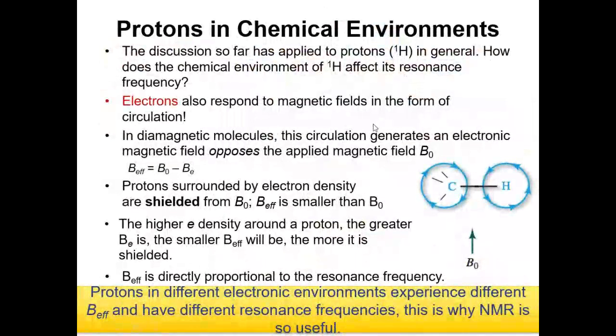If this is the instrument field, the circulation of electrons will create a field against the external field. That means the electrons around the proton will shield the proton. So this shielding will reduce the magnetic field experienced by the proton.